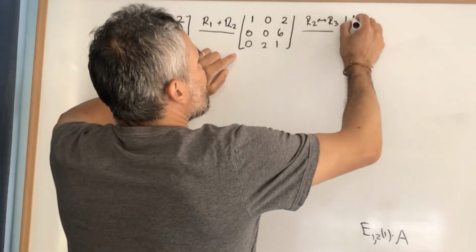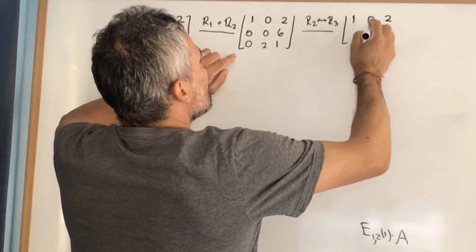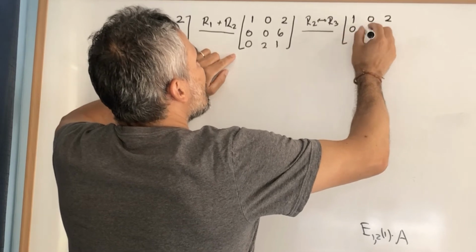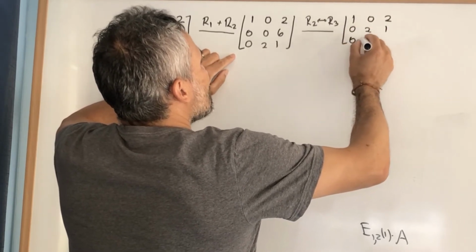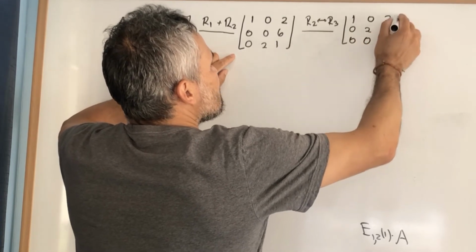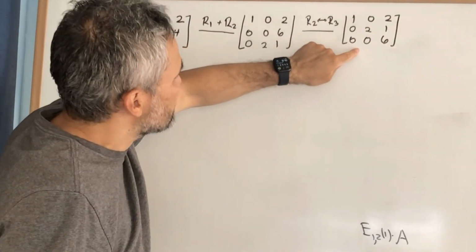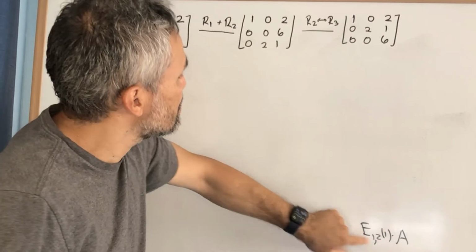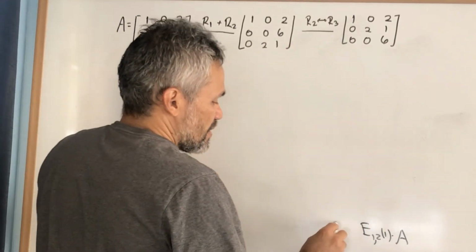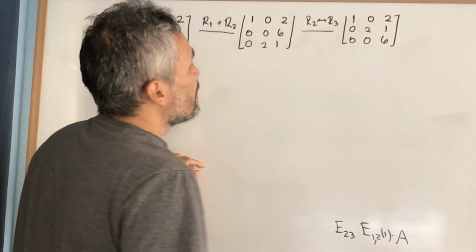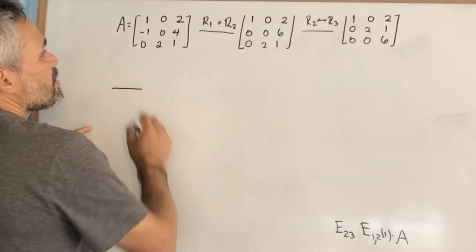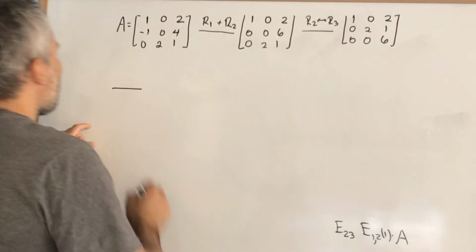And then we will get the matrix 1, 0, 2, 0, 2, 1, 0, 0, 6. And that means that this matrix is equal to the previous matrix times the elementary matrix E2,3. And then we can multiply row 2 by 1/2.